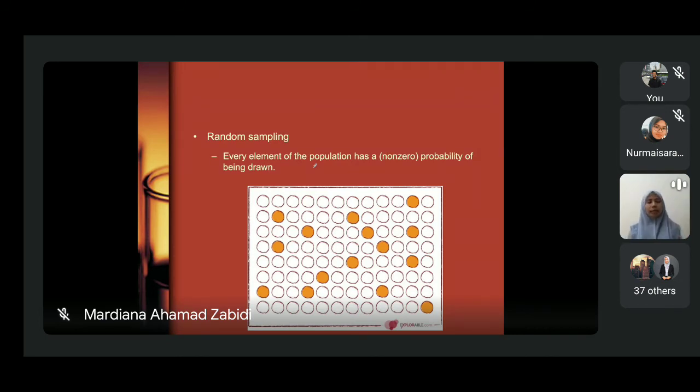So I take the 10 on top. That one is biased.